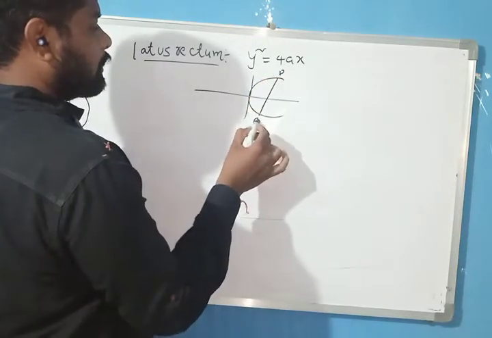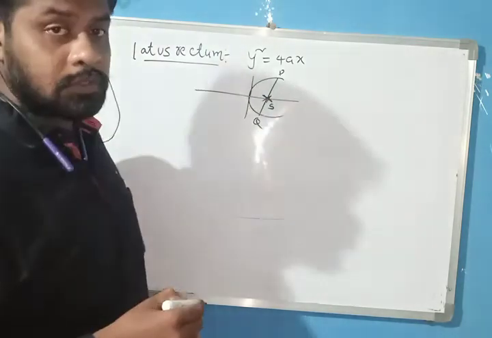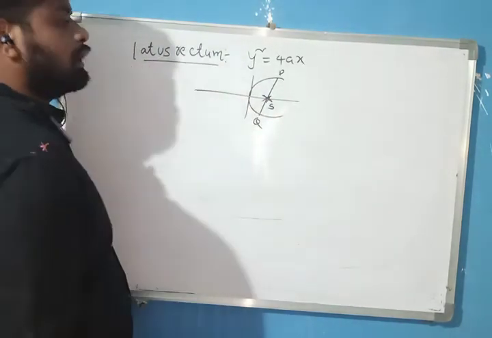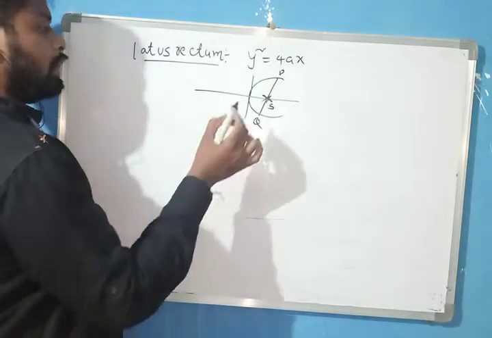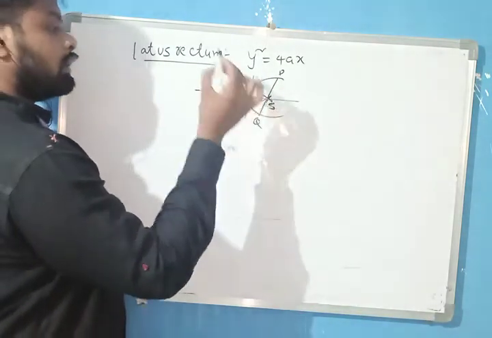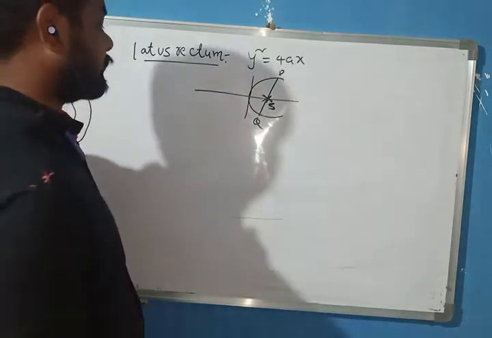The double ordinate that passes through the focus is called latus rectum. The double ordinate PQ passes through the focus, that is called latus rectum.